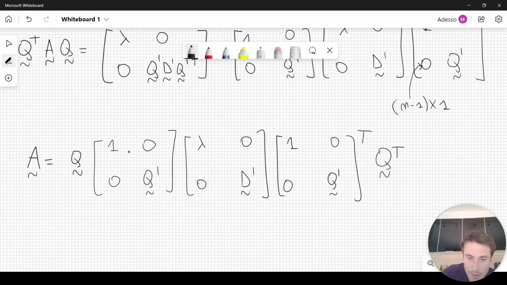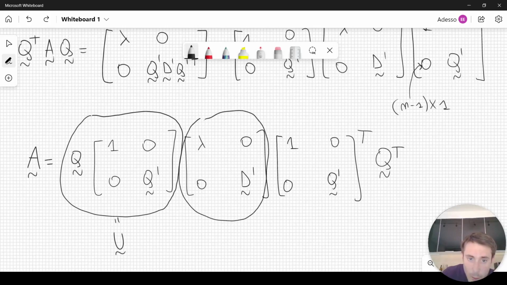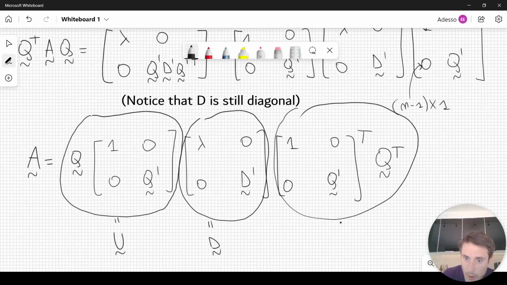Now we can call this product of matrices U. So this would be U. And this matrix here, we will call it D. And of course, here we have U transpose.